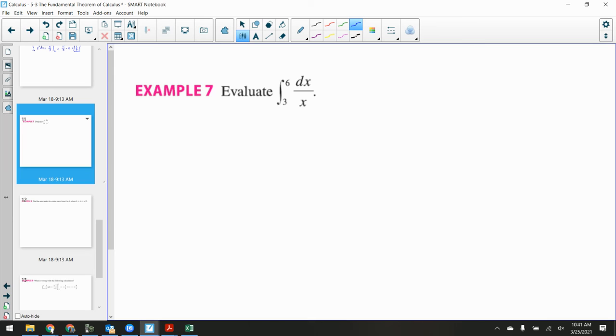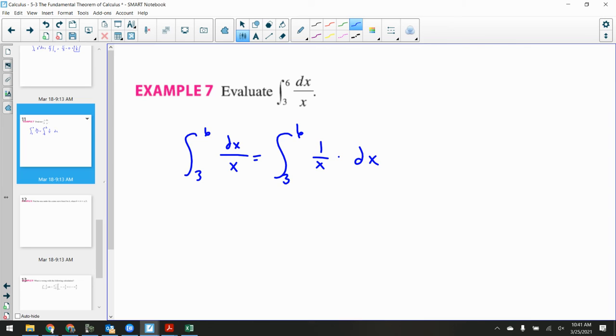Okay, this looks funky. I've got dx in the numerator. What? Don't let it confuse you. If I want to evaluate this from 3 to 6, dx over x is just the integral from 3 to 6 of 1 over x times dx.